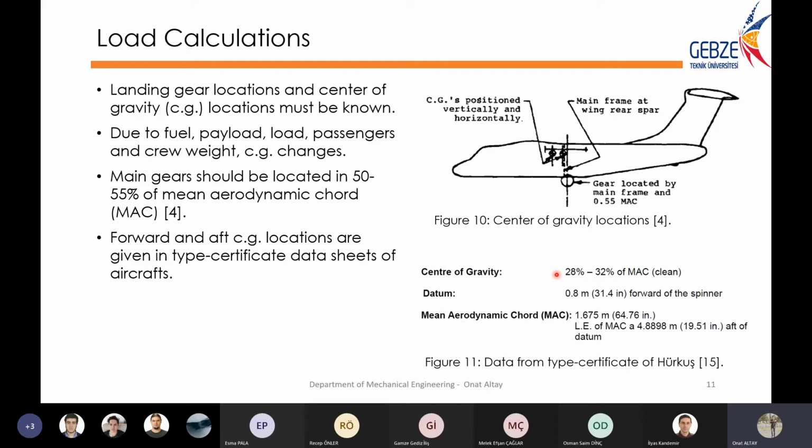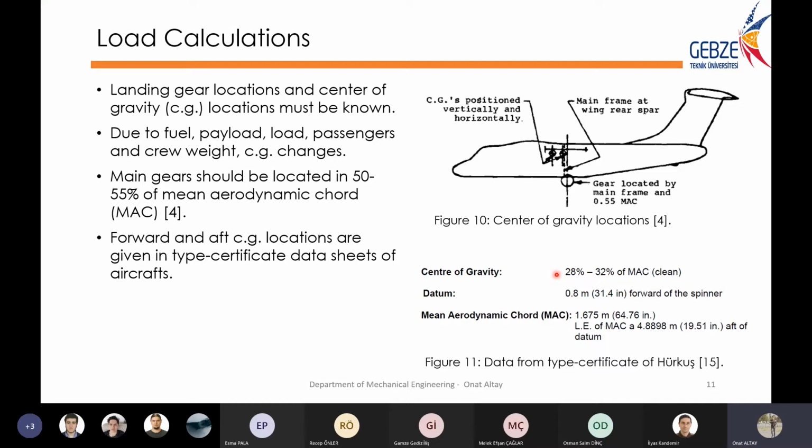To be able to calculate ground loads, the landing gear must be located relative to the center of gravity, so locations must be calculated. Due to fuel, payload, and passengers, the center of gravity shifts almost all the time.